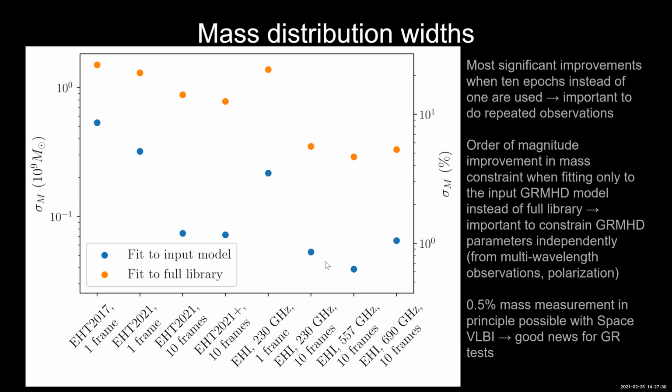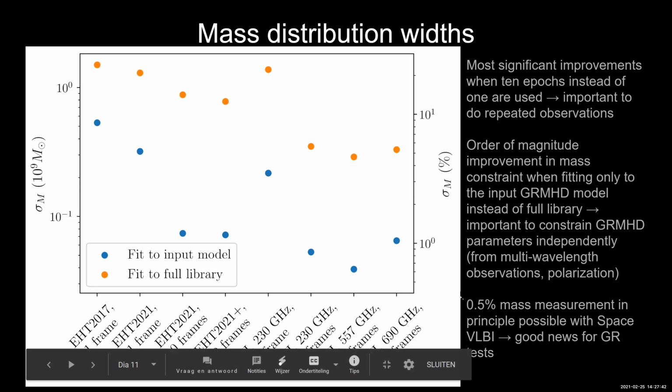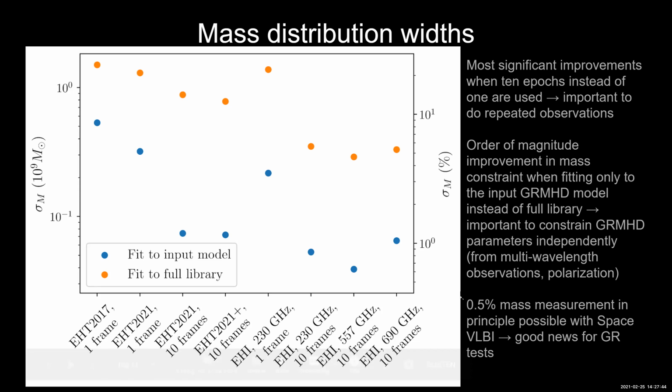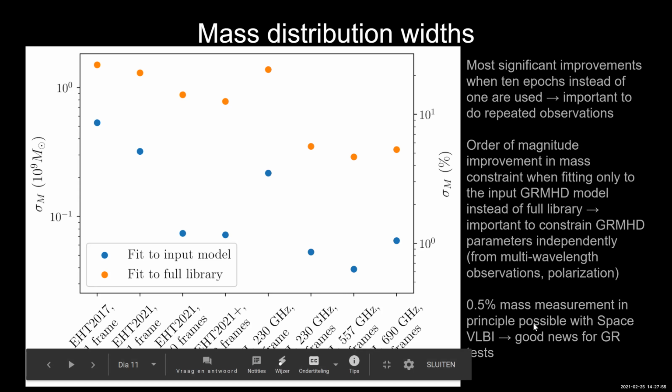And then when we look at this point here, we see that with the high frequency EHI, we can get to a mass uncertainty, in this case, of just 0.5%. And 0.5% also happens to be approximately the uncertainty by which we know the mass of Sagittarius A*. So this will make GR tests very interesting.